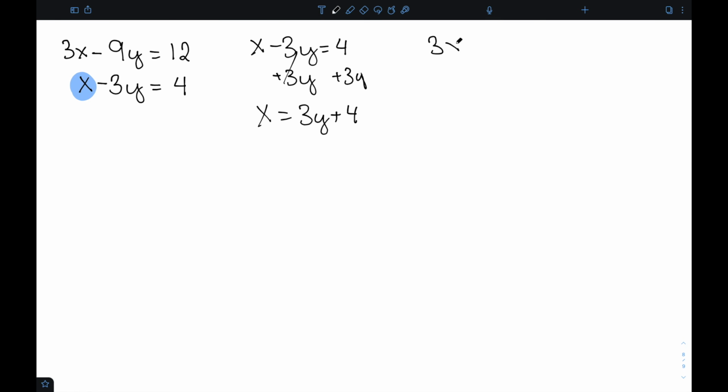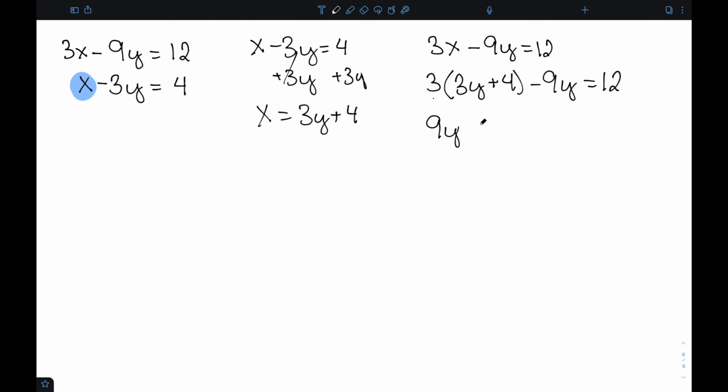I'm then going to take my other equation, which is my first equation, and I'm going to change the x to 3y plus 4. So I have 3 times 3y plus 4, minus 9y equal to 12. 3 times 3y is 9y. 3 times 4 is 12, minus 9y equal to 12.